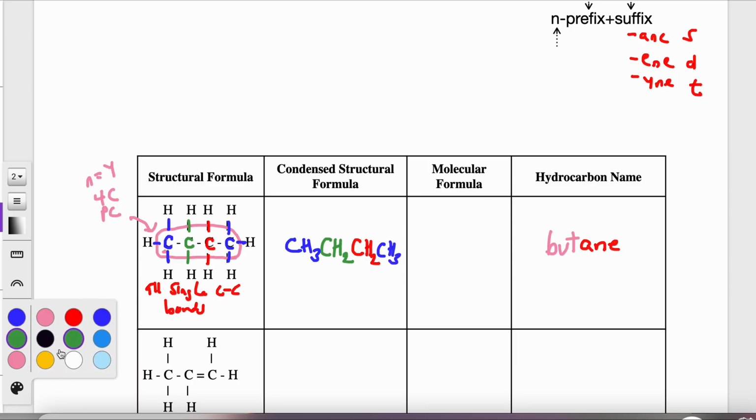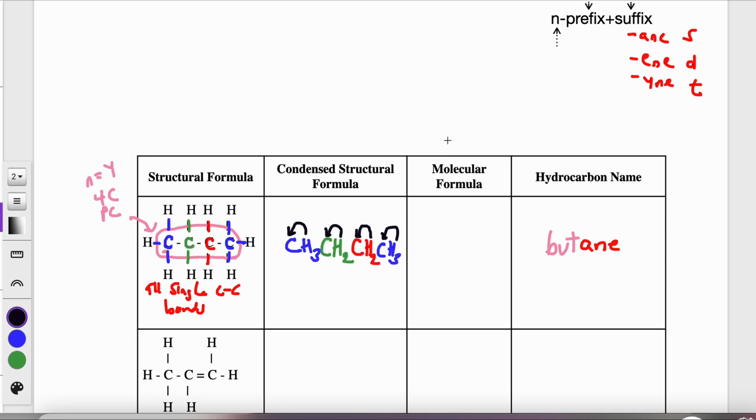So sometimes you are going to have to write the structural and collapse it down to a condensed, or you see the condensed, and to figure out stuff you need to redraw it. So the parent chain, and then when you see a carbon and whatever is to the right of it, it belongs to the carbon back to the left. So these hydrogens get attached to it.